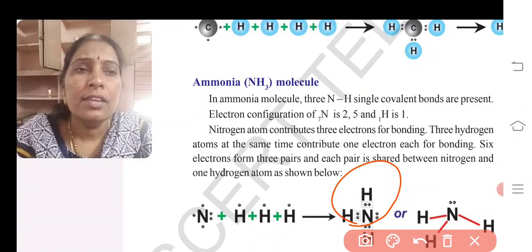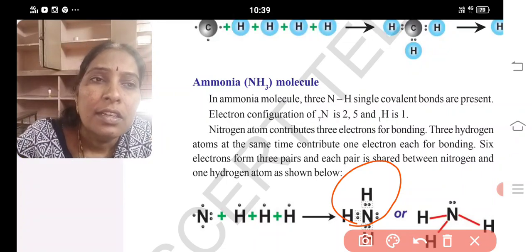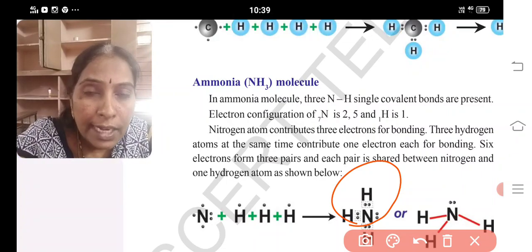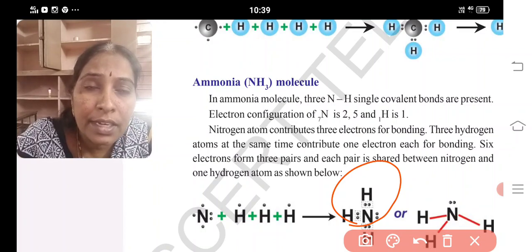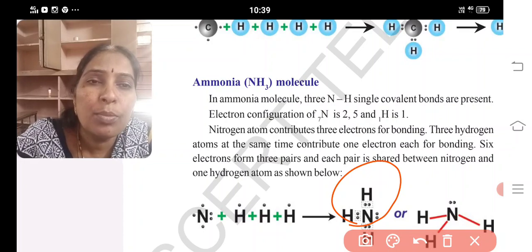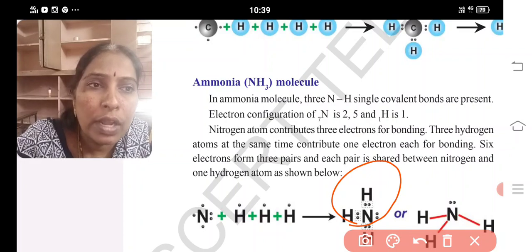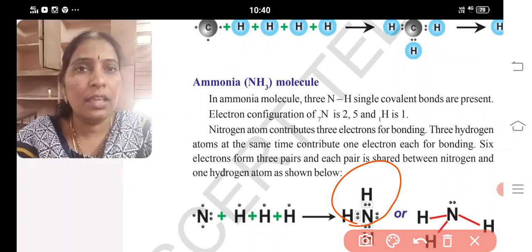See how they are sharing. It is sharing 3 electrons of nitrogen, and 3 hydrogens are providing 1 electron each. So the bond formed is said to be a covalent bond. If a bond is formed by sharing, such a bond is known as a covalent bond.